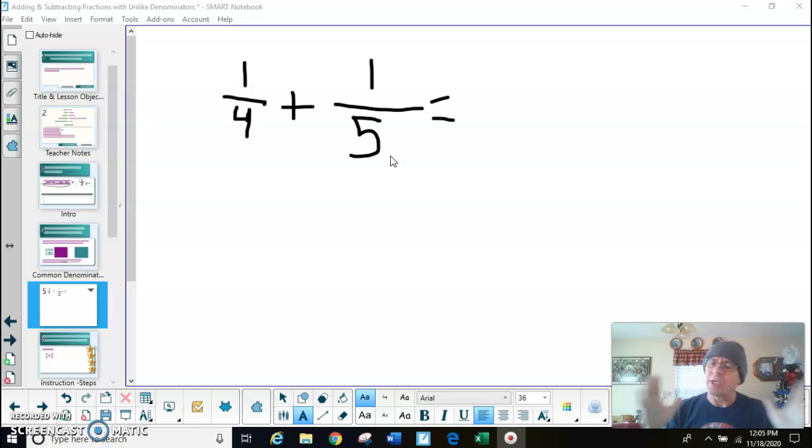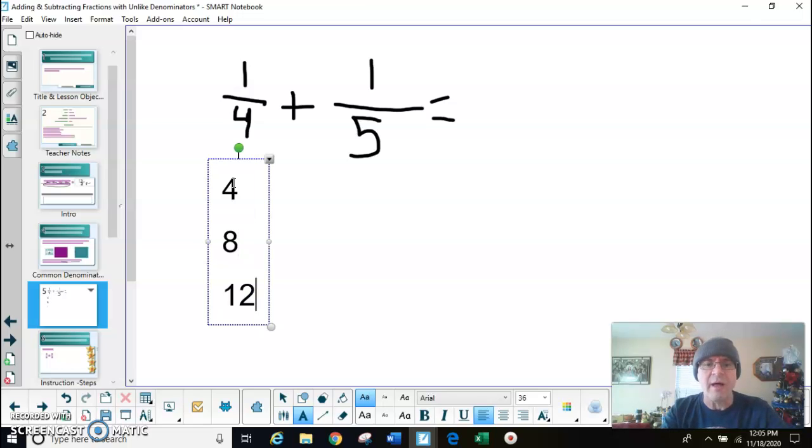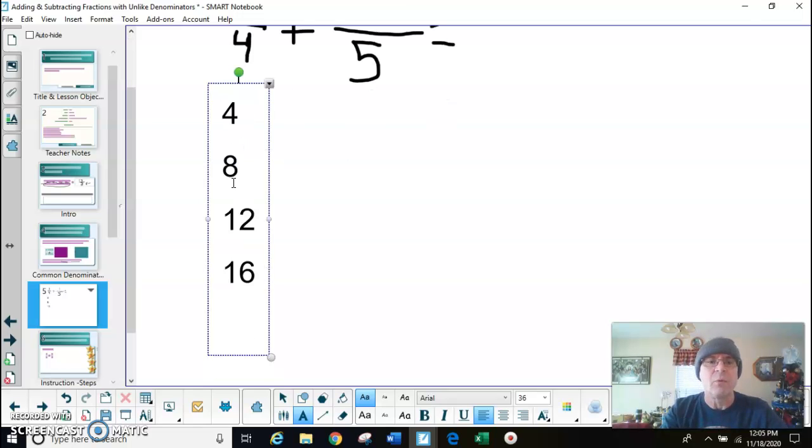So we're going to go through our factors until we find some that are the same. 4 times 1 is 4. 4 times 2 is 8. 4 times 3 is 12. 4 times 4 is 16. 4 times 5 is 20.